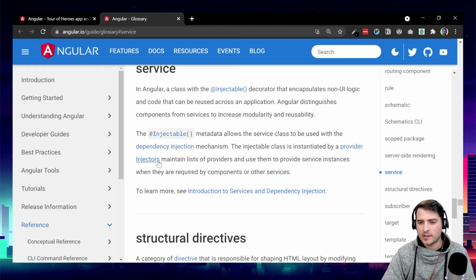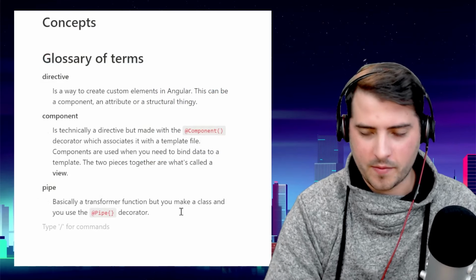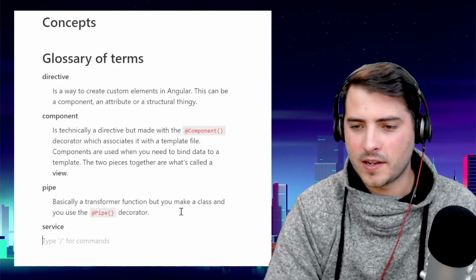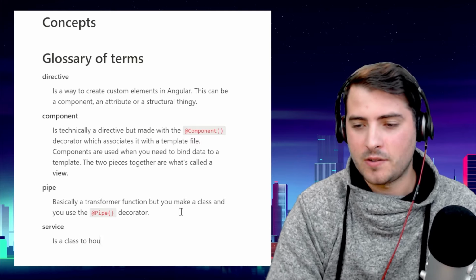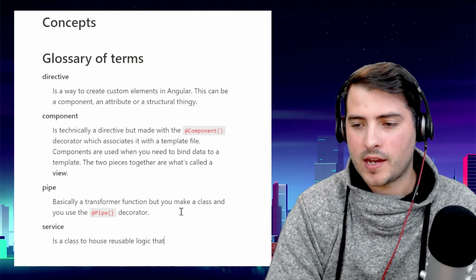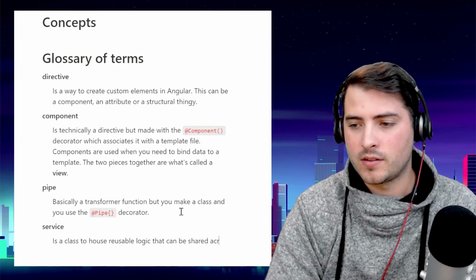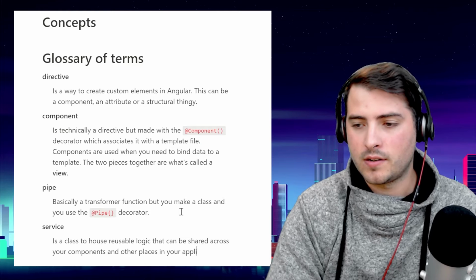So yeah, injectors are collections of providers, and providers provide services. Either way, let's just get down what I took away from it so far. So let's go service. Is a class to house reusable logic that can be shared across your components and other places in your application.